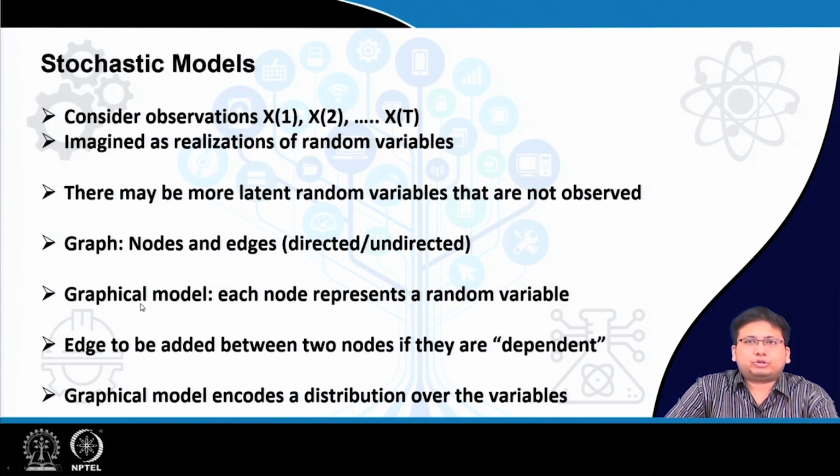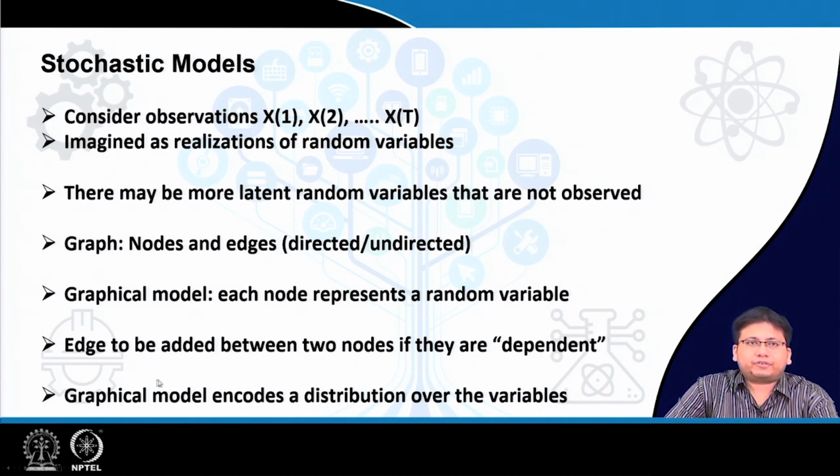The graph is a collection of nodes and edges, and these edges can be directed or undirected. Now there is this concept called graphical model. It is supposed to be a unification of graph theory and probability theory. A graphical model is basically a graph, but here each node represents a random variable.